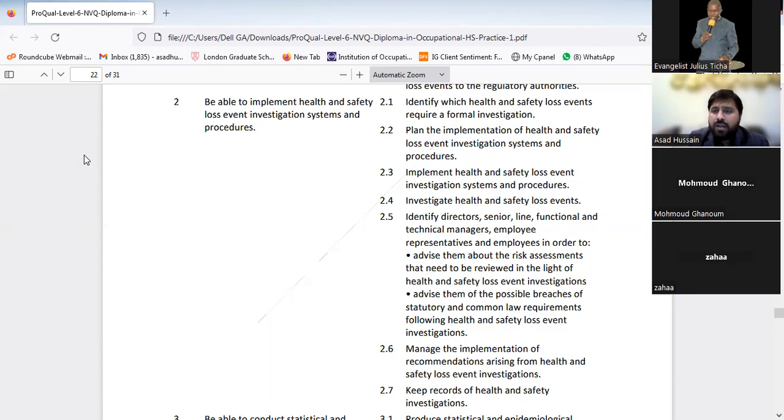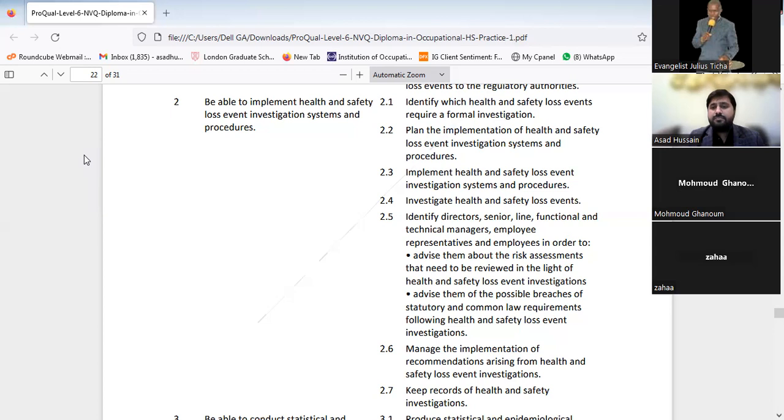Because whenever you are going to perform a specific task or activity, you should have a system in place for that. So if you are not facing any major accident or incident, you can share with me your investigation procedures, and the action plan and action tracker you have in your organization. That will be enough for me as an assessor.